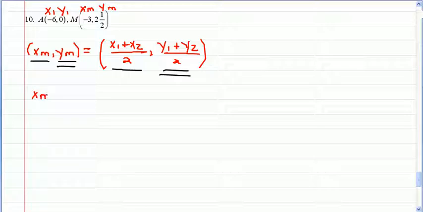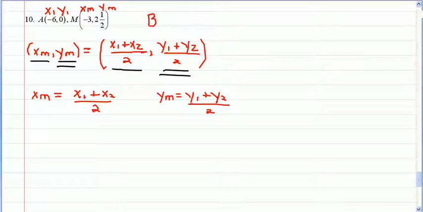So with that, I know that x sub m equals x sub 1 plus x sub 2 over 2, and I know that y sub m equals y sub 1 plus y sub 2 over 2. And I'm finding point B, which is our x sub 2, y sub 2. This is the point that we don't know.